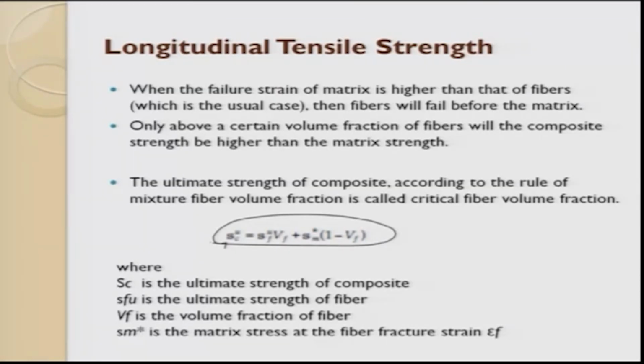So this equation is nothing but the ultimate strength of the composite, which is according to the rule of mixture. What did we study? 1 minus VF we studied in the previous derivation. This is called the rule of mixture. So the ultimate strength of the composite, according to the rule of mixture, the fiber volume fraction is called the critical fiber volume fraction. So here this is very, very important, where you see the first term, which is nothing but SCU, which is nothing but the ultimate strength of the composite.